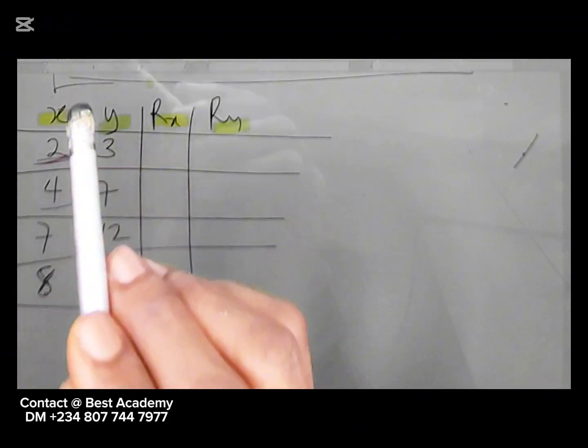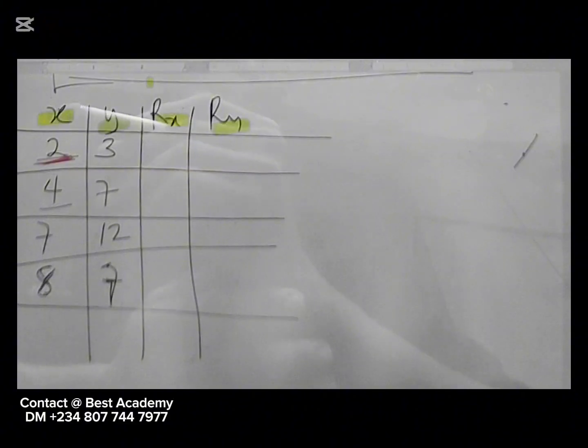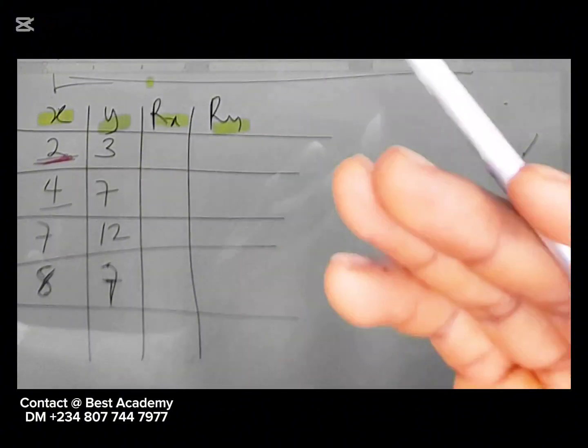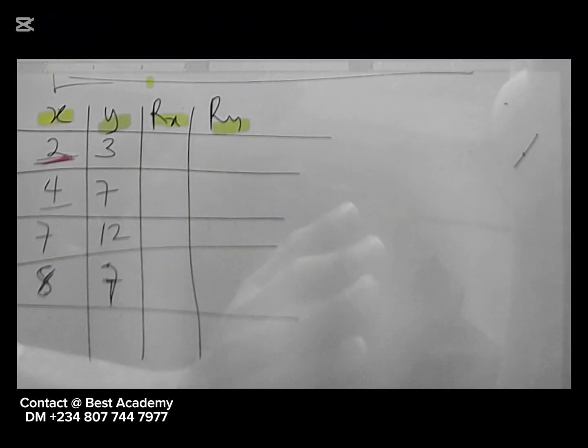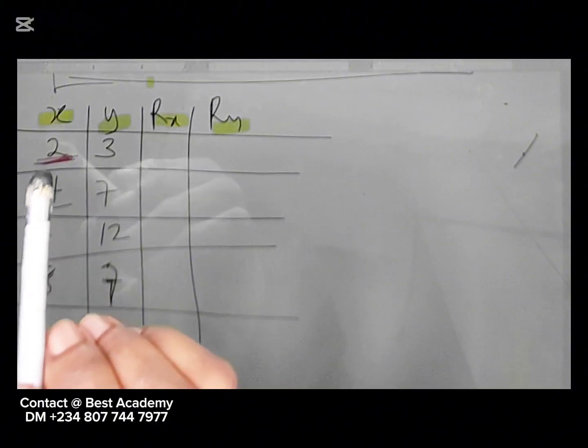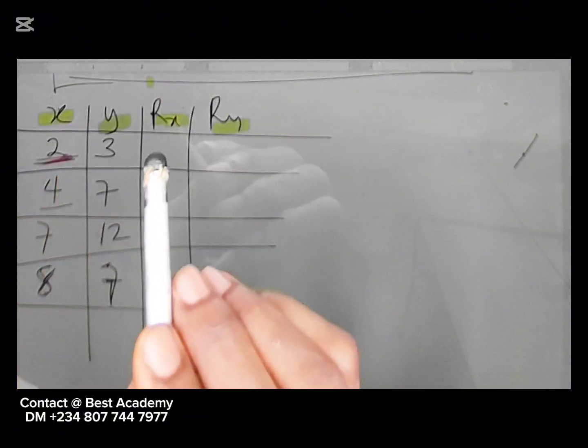Now, how do we rank S? Ranking S means that I'm giving S a position. That means the least number has first position, since I'm ranking it in ascending order. Now we have this to be 2. There is no other number lesser than 2. That means I will give the value here 1.